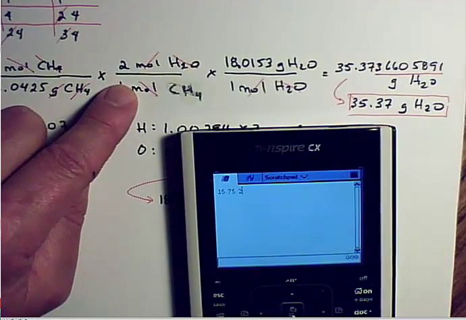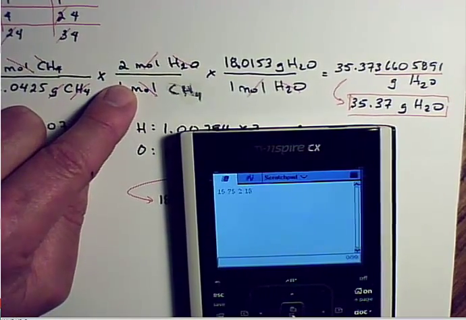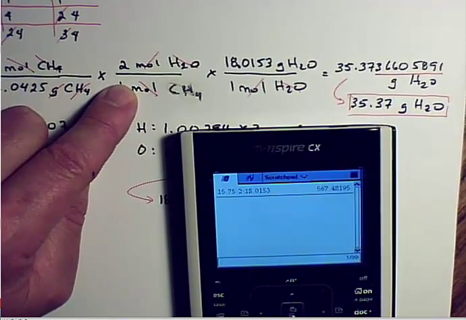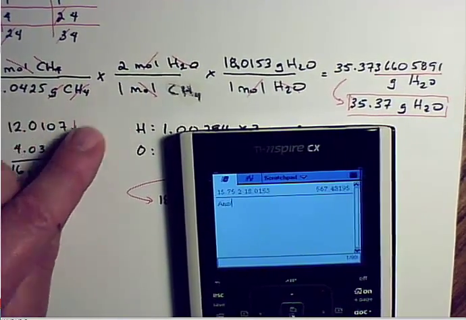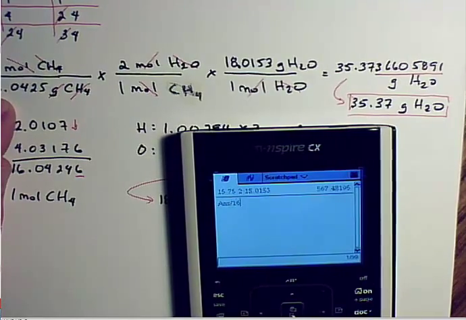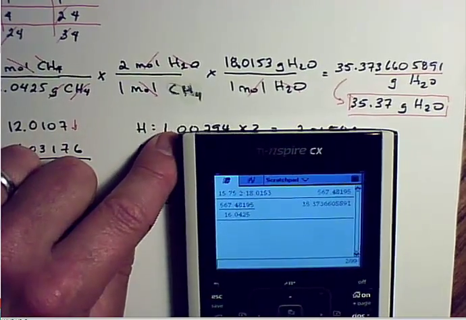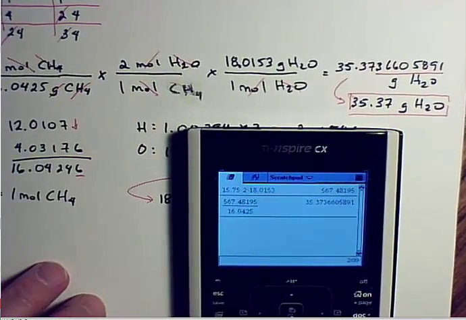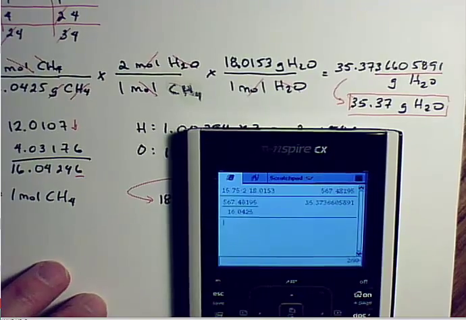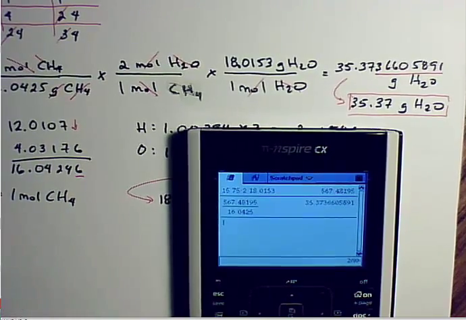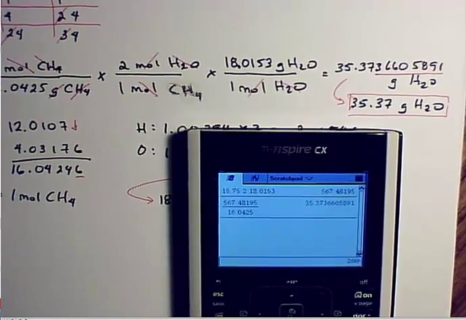Please be quiet and listen. Times 2 times 18.0153 and hit enter. And then I'm going to divide by 16.0425. And I get the number I just gave you. Well, it's always helpful to do the math in your calculator twice. Okay? Once may not be enough.